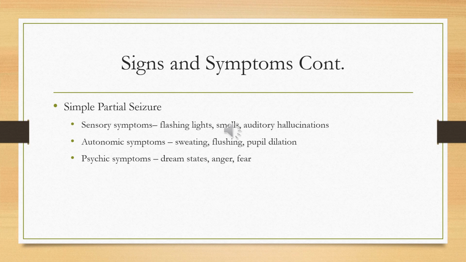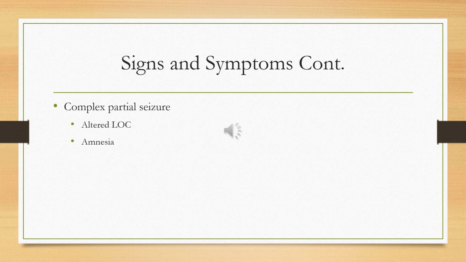Autonomic symptoms are more like sweating, pupils starting to dilate, or getting flushed. Psychic symptoms deal with their psyche, so they might have anger all of a sudden, or sudden fear. And with a complex partial seizure, you might see an altered level of consciousness, or even some amnesia.